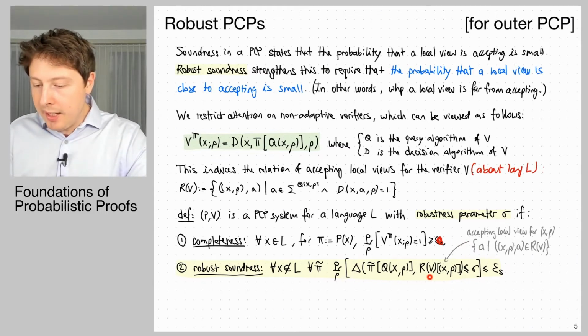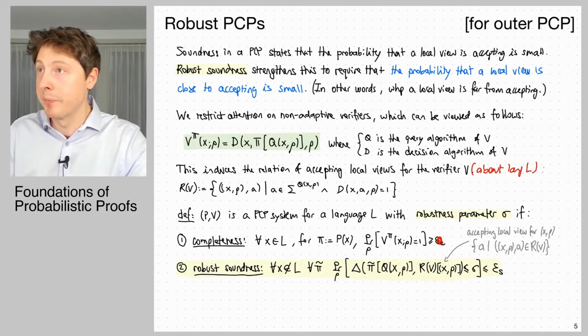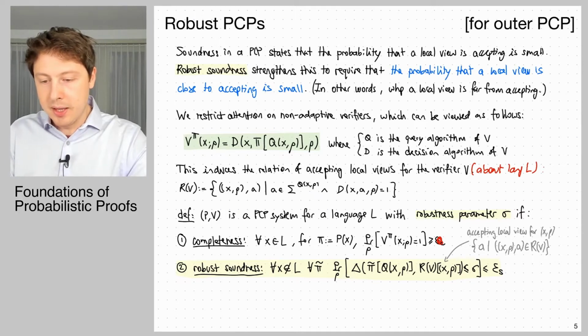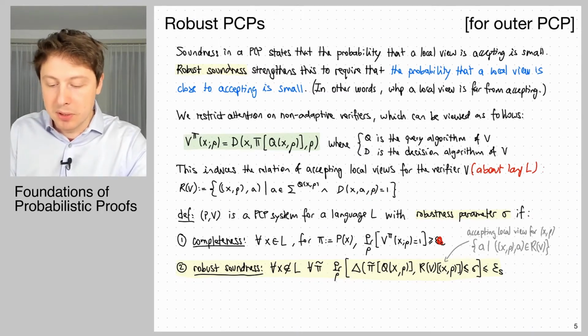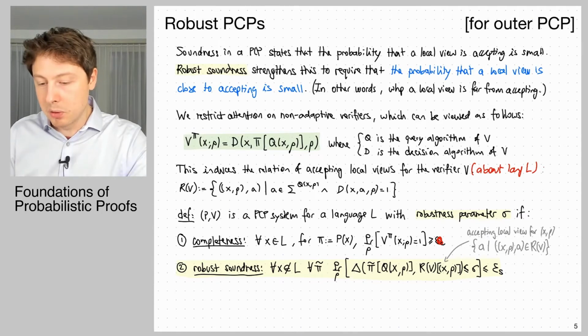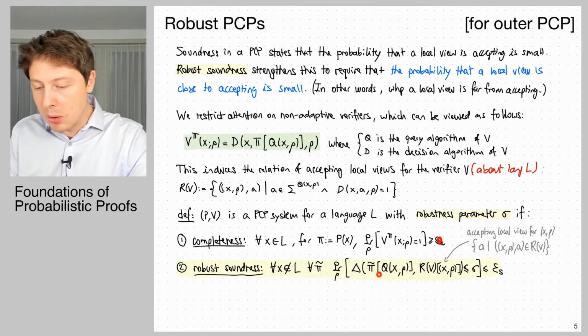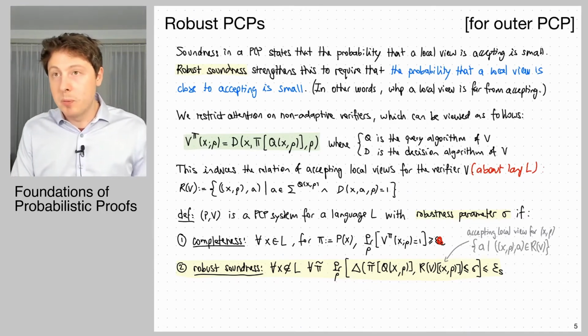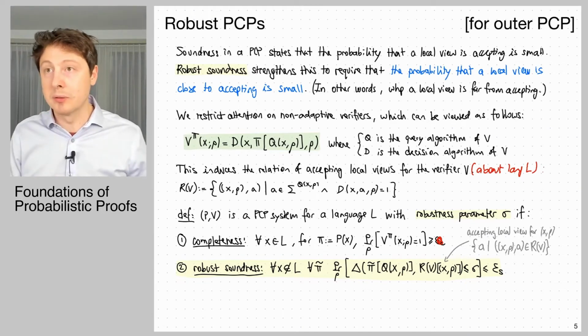Here I'm saying take the relation of local views and restrict it to all local views that are accepting specifically for the choice of X and rho. So these are all the local views that would make the decision algorithm accept when given the X and the rho that we're discussing here. X has been fixed outside the probability statement. Rho is part of the probability statement. So we're asking how close is this local view to being accepting? And we want the probability that it is too close to be small.